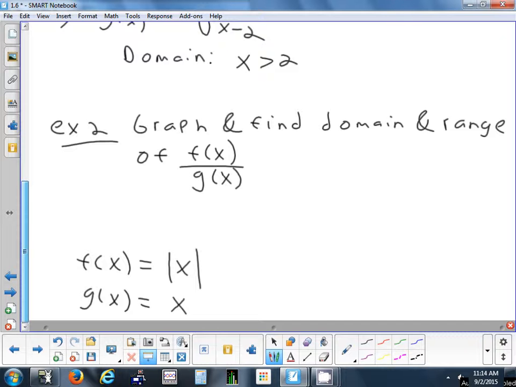All right, let's try this one. It's f of x divided by g of x. f of x is the absolute value of x, and g of x is x. What's the domain here?